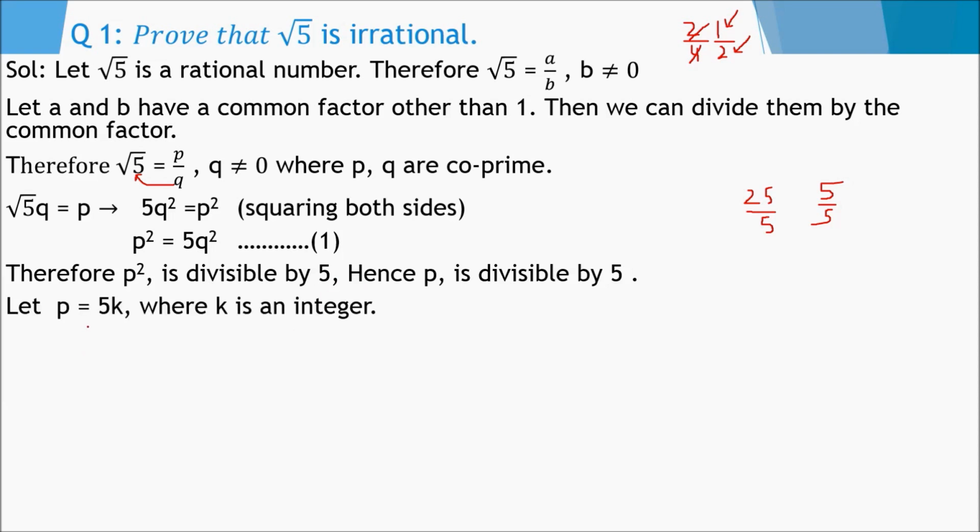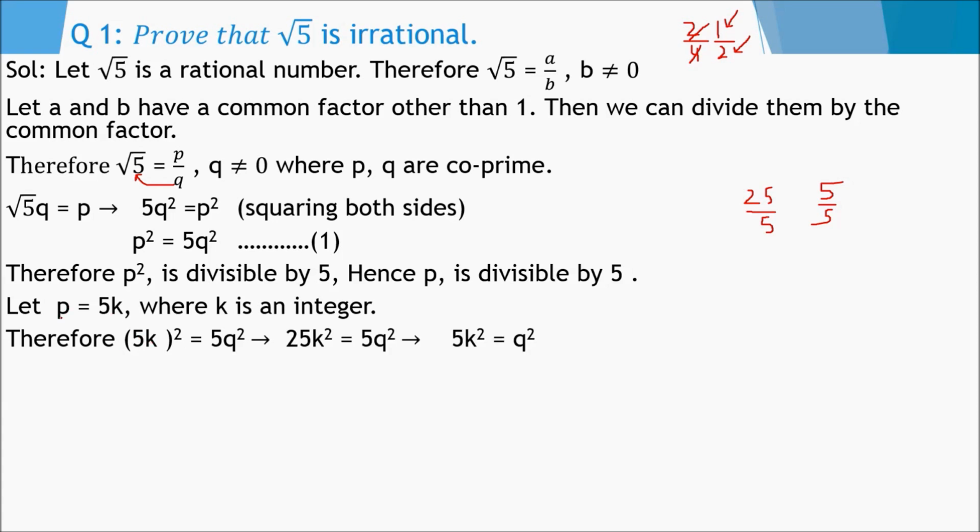Let p is equal to 5k. As this p is divisible by 5, we can write p is equal to 5k, where k is an integer. So now we will square this. It means 5k square.